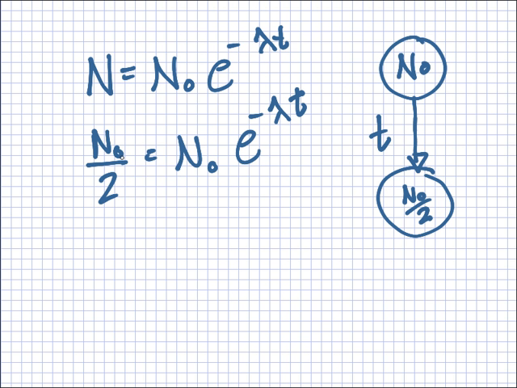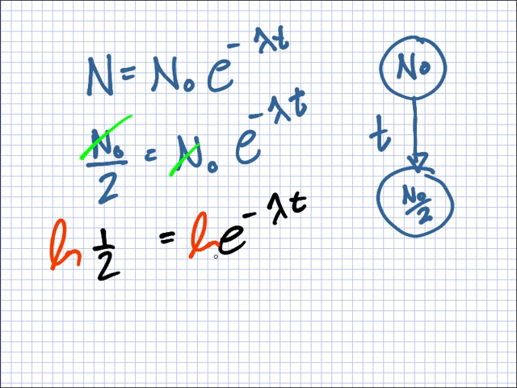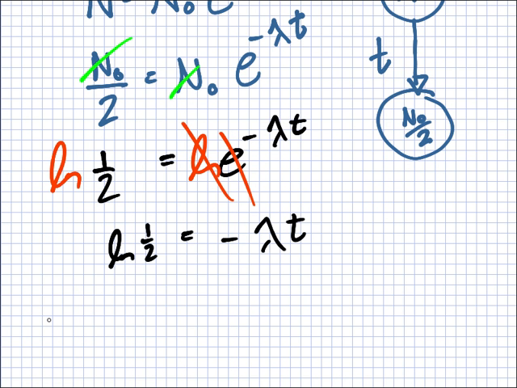Okay, all right. So the first thing I'll do is cancel this and this, because they're both n0. So now I have a half equals e to the minus lambda t. Now, what will I do next? Yeah, good, ln. So they cancel. Now I have ln of a half equals minus lambda t. Now I'll change this into ln 1 minus ln 2 equals minus lambda t.